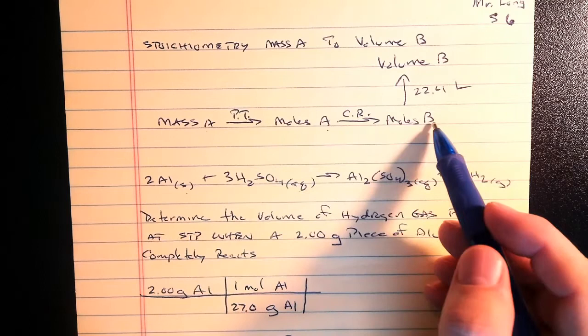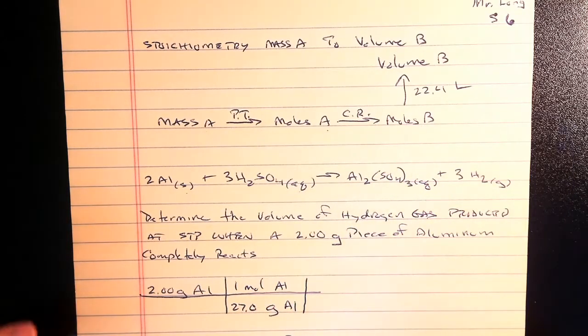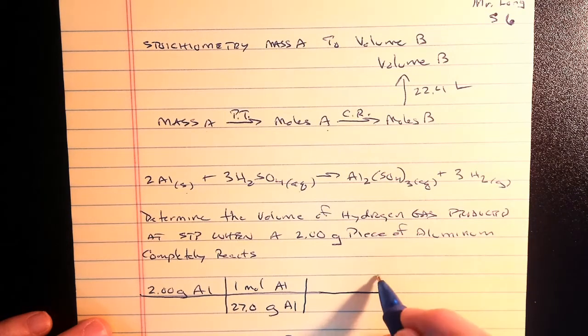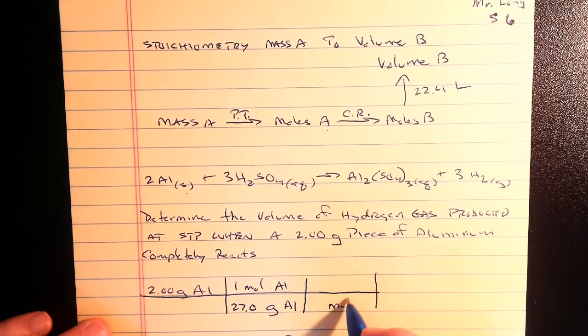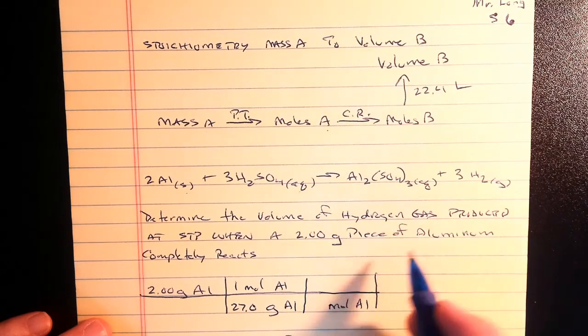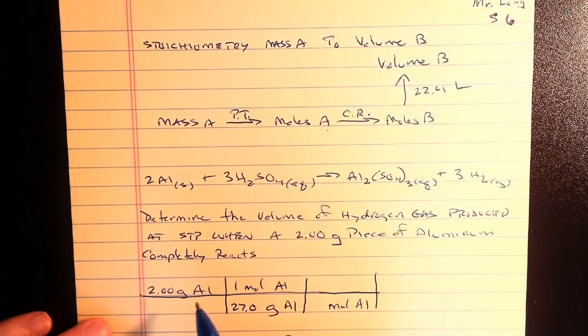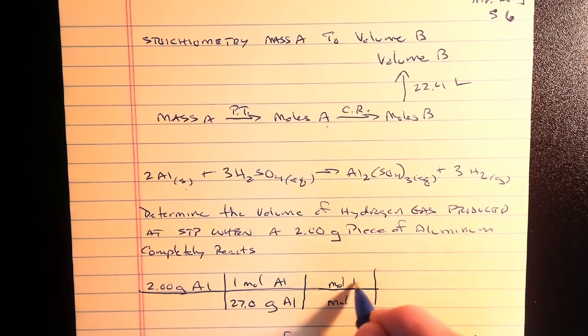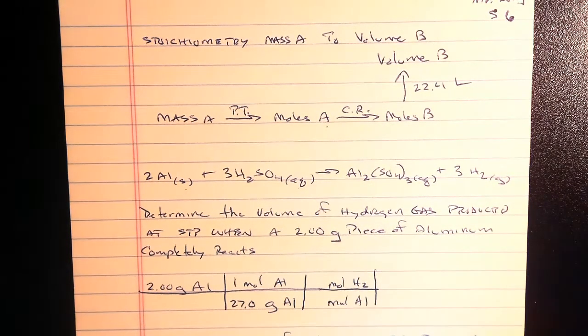Now we've got to go to moles of B using the coefficient ratio from this balanced equation. So let's extend this and bring this down. So we have moles of aluminum, and we're asked to go to moles of hydrogen gas. So we've got moles of H2. Now you do not say 1 to 1.